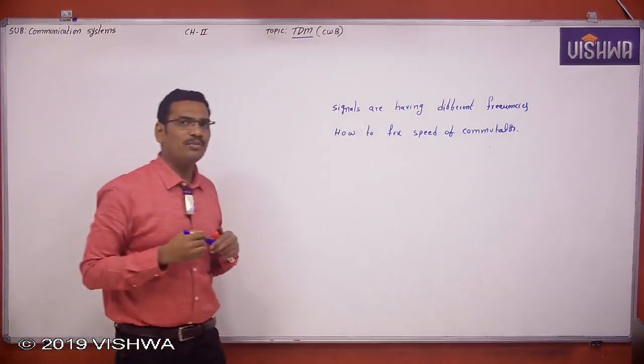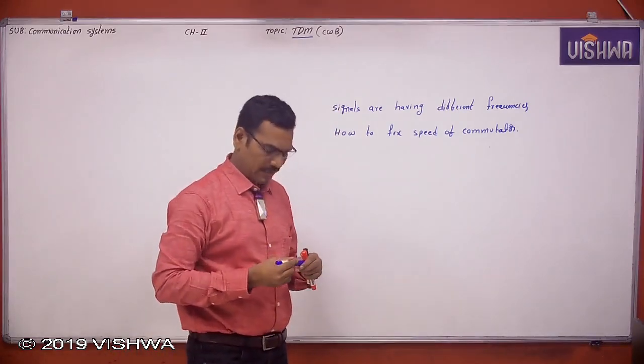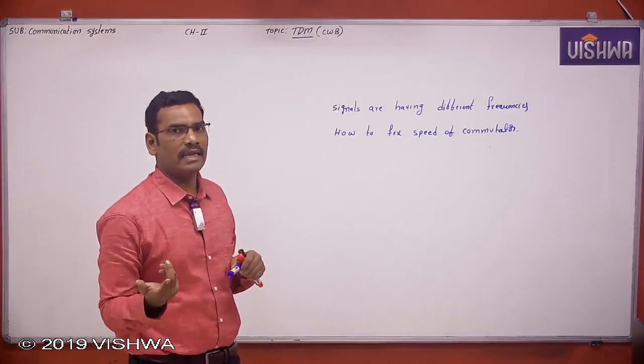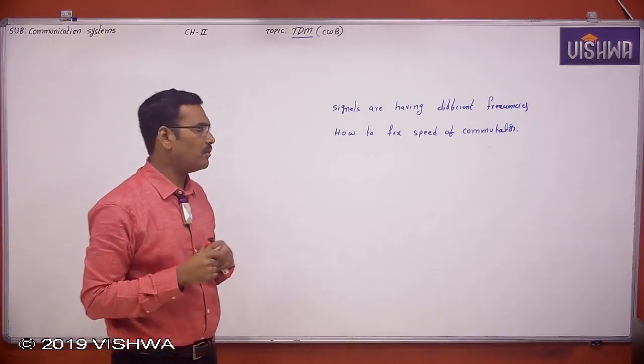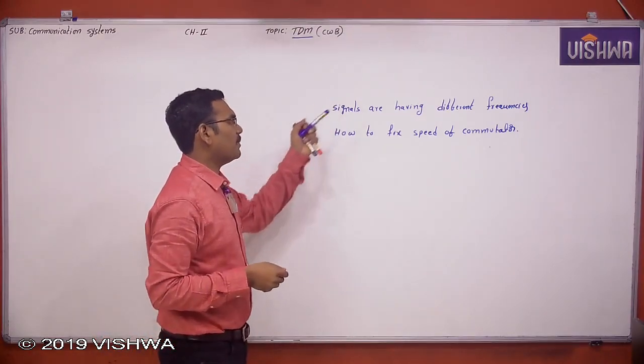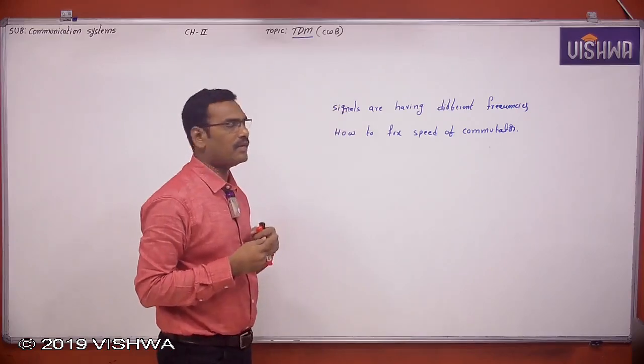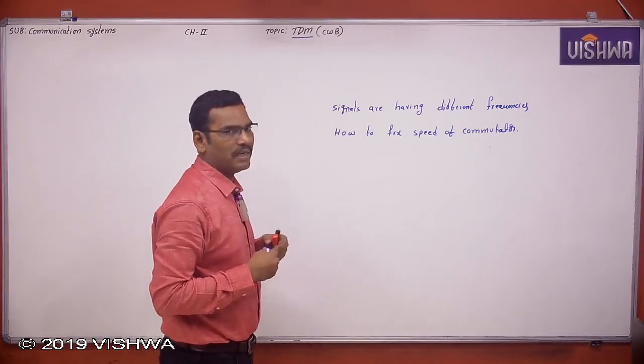Previously there was no issue because all signals had the same frequency, so we could easily find the sampling rate, and that itself was the speed of the commutator. But now the first signal is at one frequency and the second at another, so how do we fix the speed of the commutator?